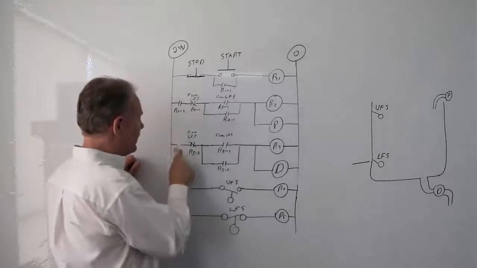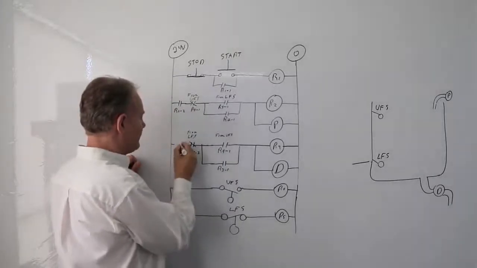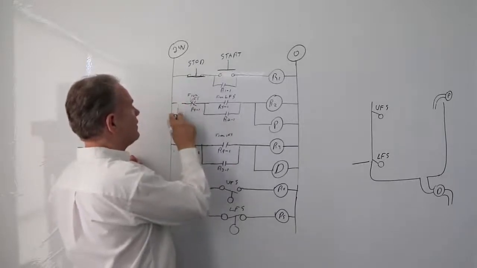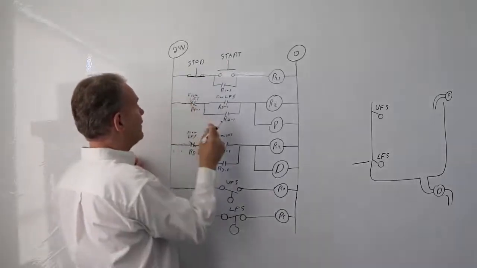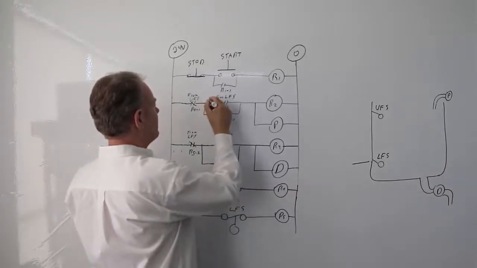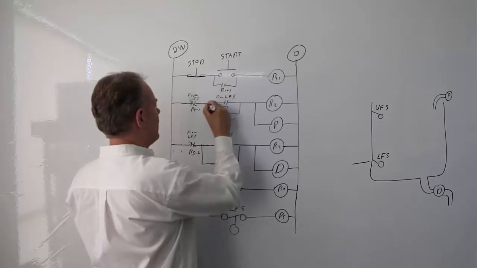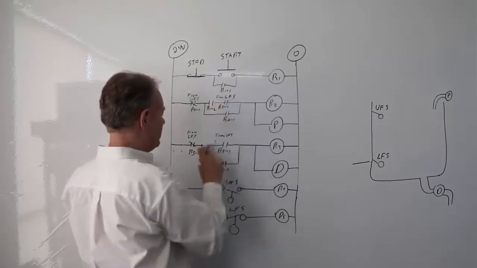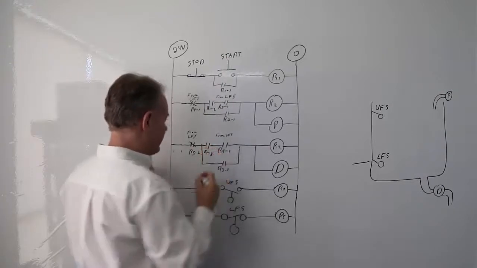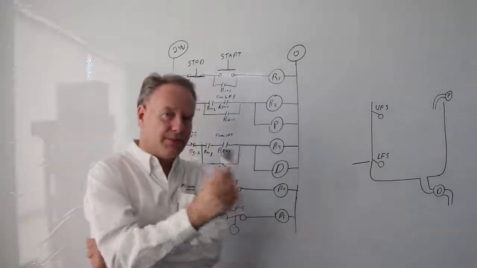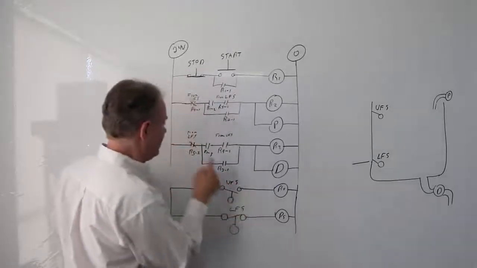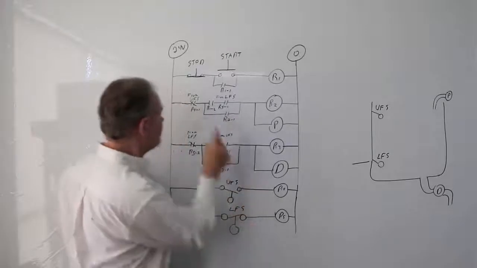I'm going to remove this from here, and remove this from here, and put that in here. R1-2, R1-3. What I'm doing now is letting these guys still do their work, because I need this signal to terminate that, and I need this signal to terminate that.